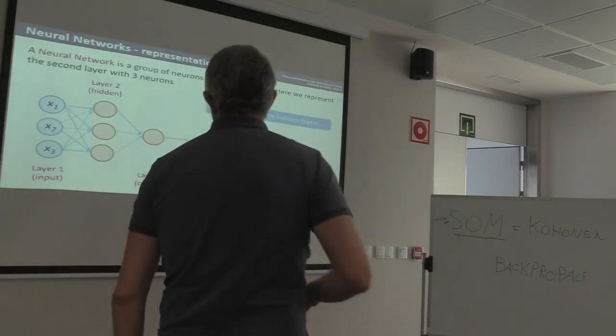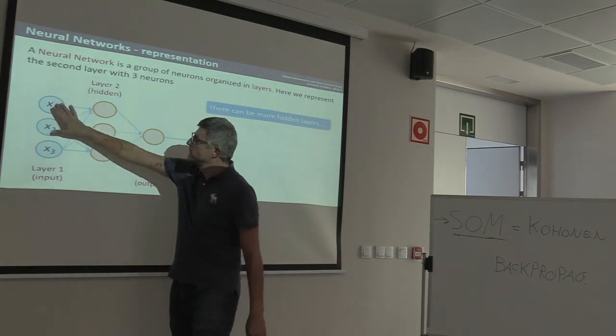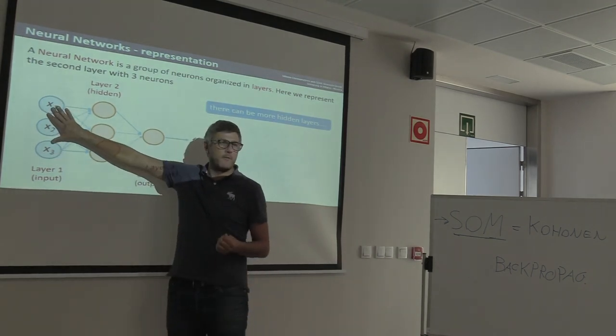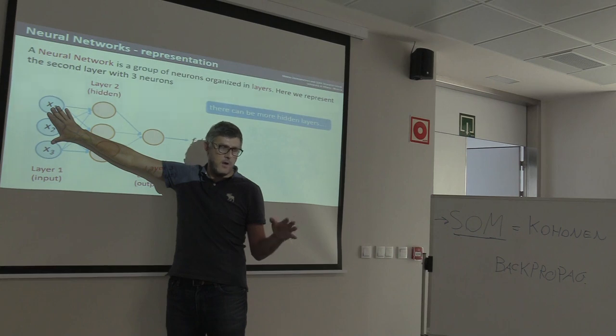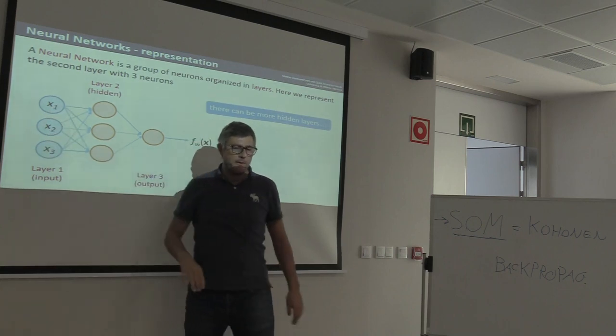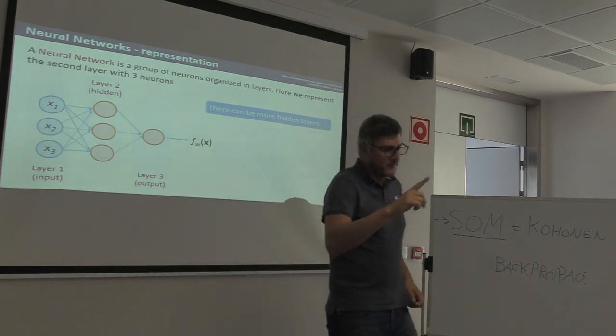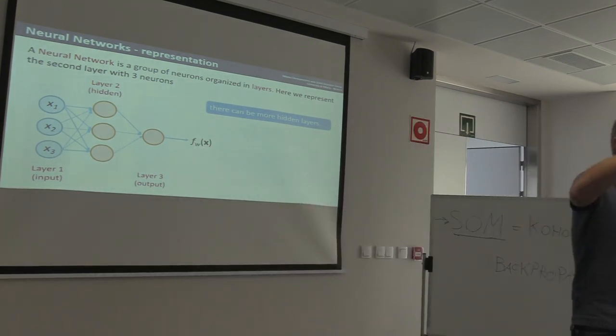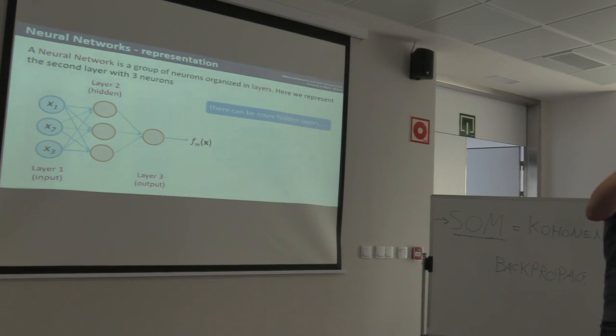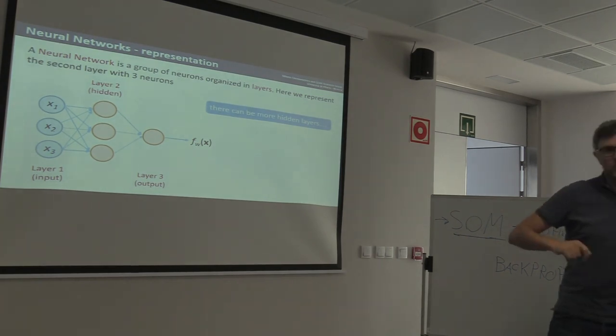Again, here you have our sample, which is the input vector. Of course, I'm simplifying things. We have just one sample, but if we have a data matrix with 1,000 samples, then these samples are presented to the network one at a time, but we will see it later. So just imagine we have one sample.